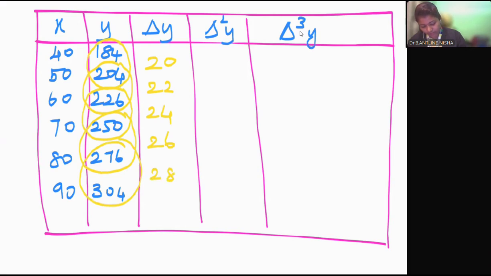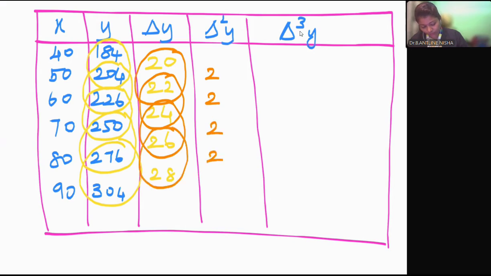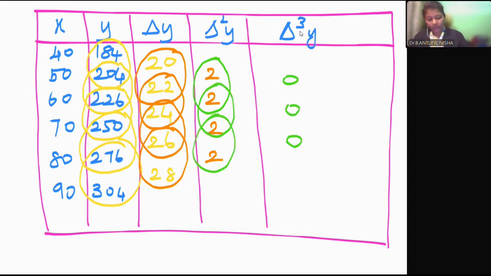Okay, next. 22 minus 20 is 2. 24 minus 22 is 2. 26 minus 24 is 2. 28 minus 26 is 2. Next, you see, the difference between these two is 0. Next also 0. Next also 0. Okay.